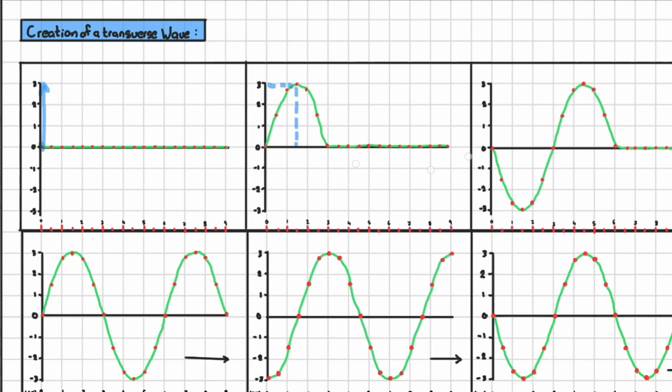As soon as this first bead in this medium comes back to its rest position at 0, instead of watching the pulse propagate, we are now going to move this bead to a value of -3. So we are now going to move that first bead downwards. And what this does to the medium is it creates a second pulse in the negative region. So that's the opposite direction.